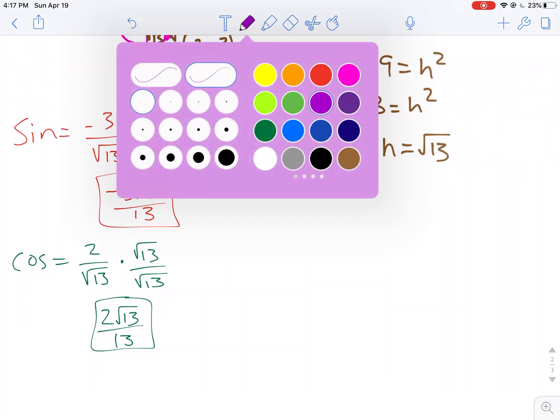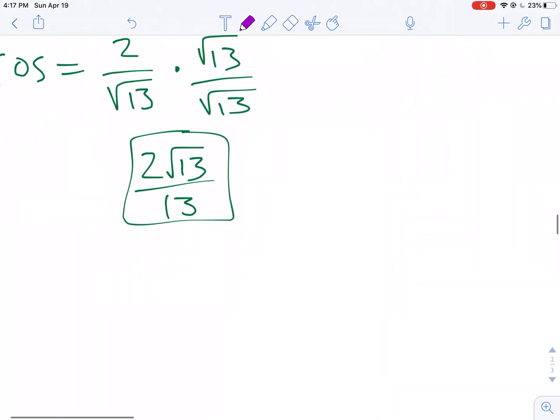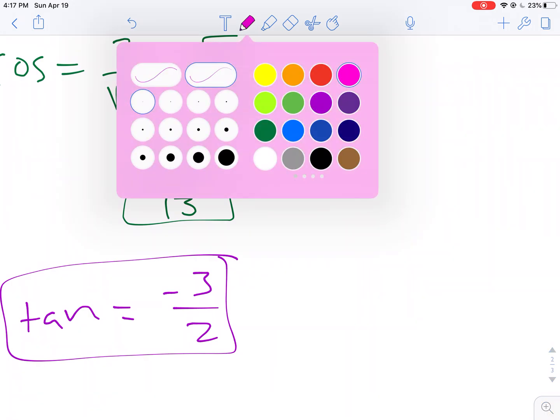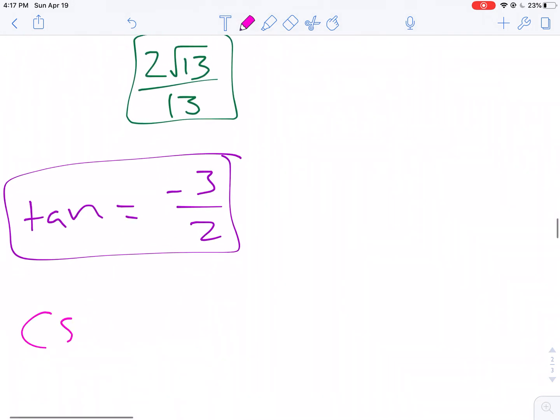My tangent is my opposite over my adjacent. My cosecant is equal to my hypotenuse over my opposite.